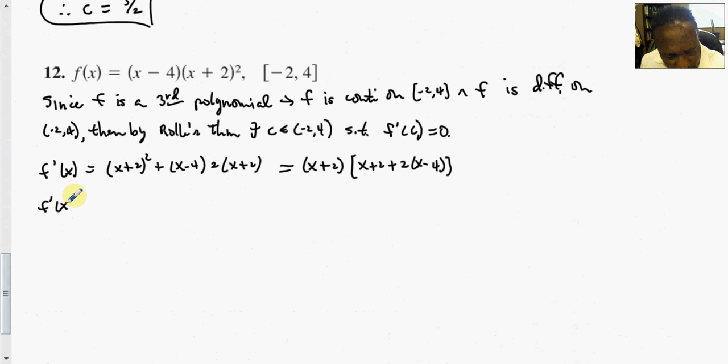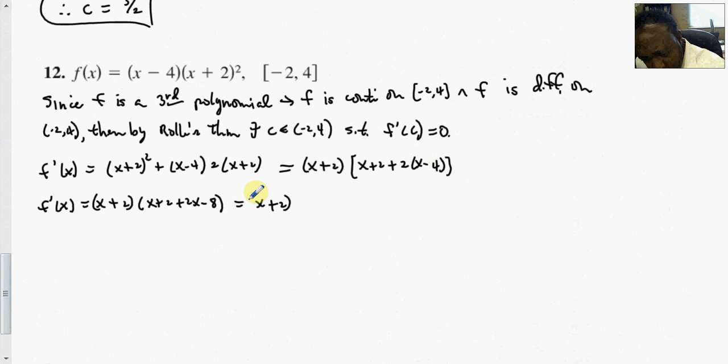So F prime of X is equal to X plus 2 times X plus 2 plus 2X minus 8. So we get X plus 2, and this is 3X minus 6.